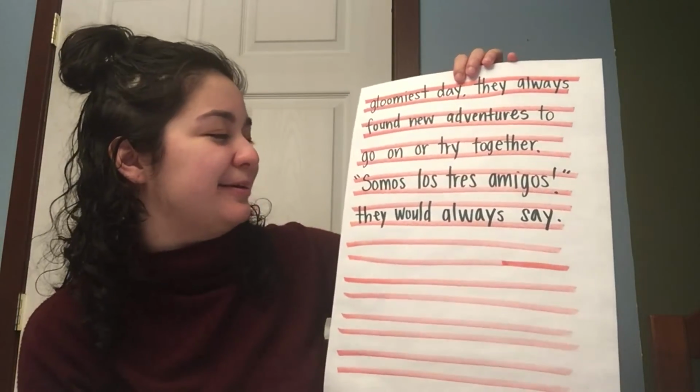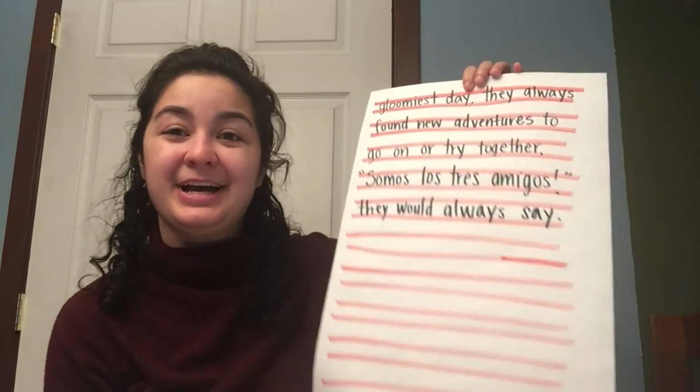Somos los tres amigos, they would always say. Now, in those 2 pages, I only told you who is going to be in my story, where they are, and what it looks like. That's it. I have not introduced my problem yet. Okay?